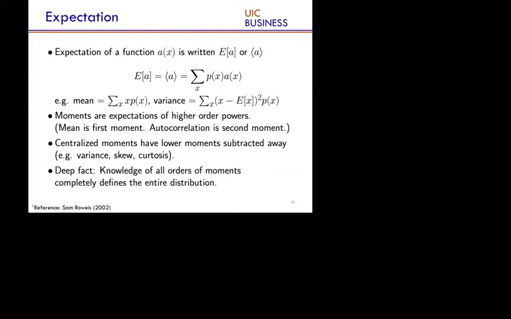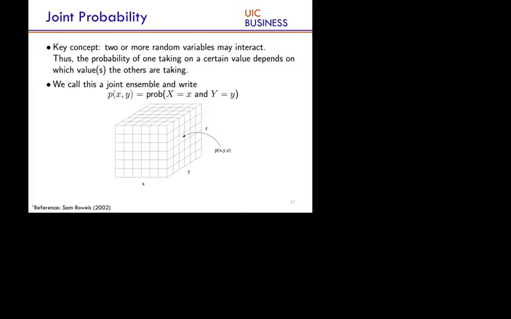Okay, so next we'll consider what is called joint probability. Joint probability is essentially a function of multiple random variables. It assigns a number to realizations of multiple random variables. The key concept being that two or more random variables may interact, and thus the probability of one taking a certain value depends on what values the other random variables are taking.